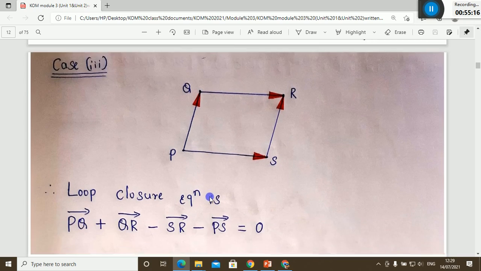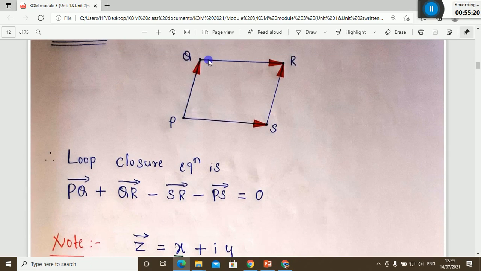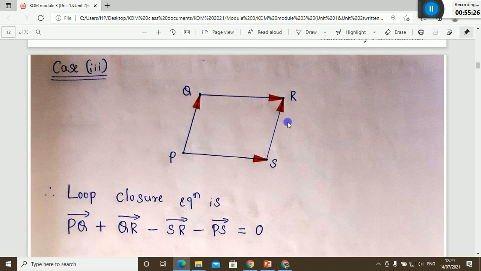Correct. PQ is clockwise, QR is also clockwise, and SR is counterclockwise, opposite to the reference, which is clockwise. Here you can take any reference. You can take the reference as counterclockwise or clockwise, as per your convenience.